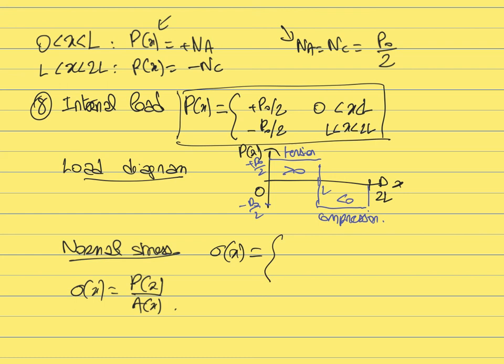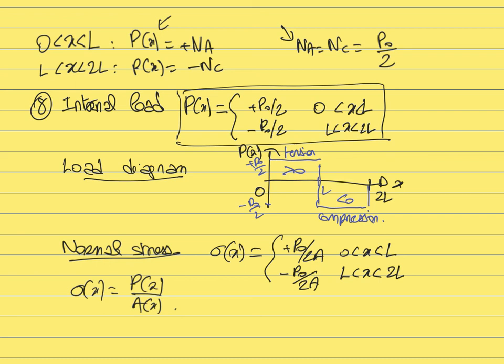It's equal to A. The only thing that changes is the load. So the load is equal to plus P naught over 2 when x is in between 0 and L. So in this case, the stress is going to be equal to plus P naught divided by 2A. And when x becomes between L and 2L, then the stress will become negative. It's going to be equal to minus P naught over 2A.